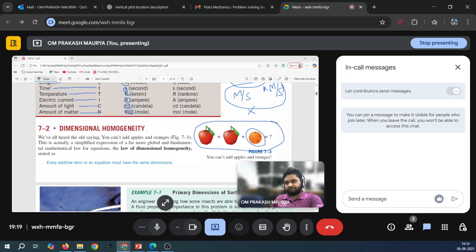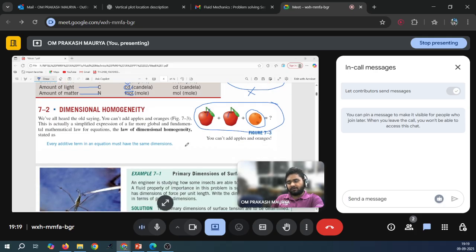Meaning, if you want to add something, let us take the Bernoulli equation: P by rho g plus V square by 2g plus z equals constant.